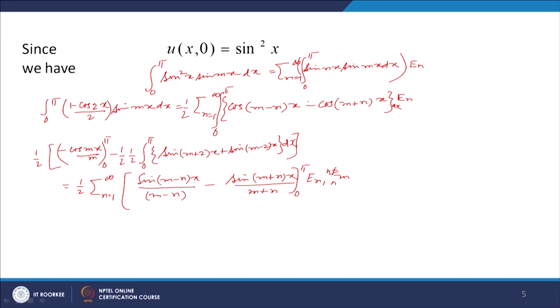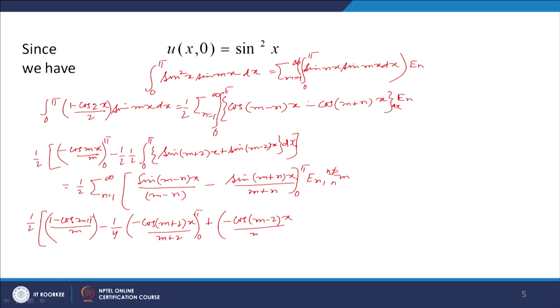Now, this is how much? 1 by 2 we have (1 minus cos mπ) by m, and minus 1 by 4, here we will have minus cos((m plus 2)x) divided by m plus 2 from 0 to π, and here we will have minus cos((m minus 2)x) divided by m minus 2 from 0 to π.